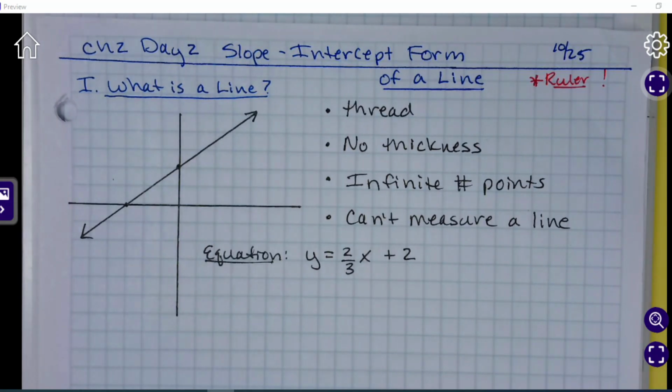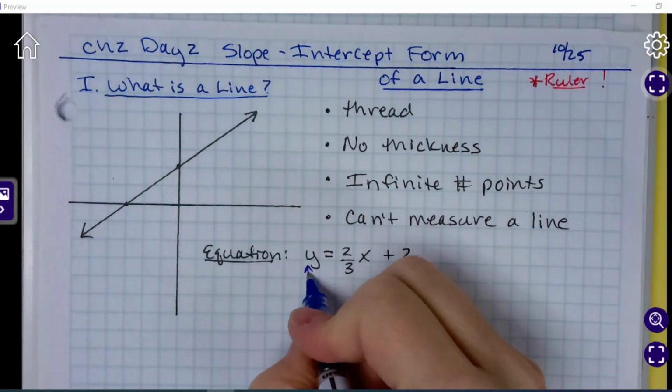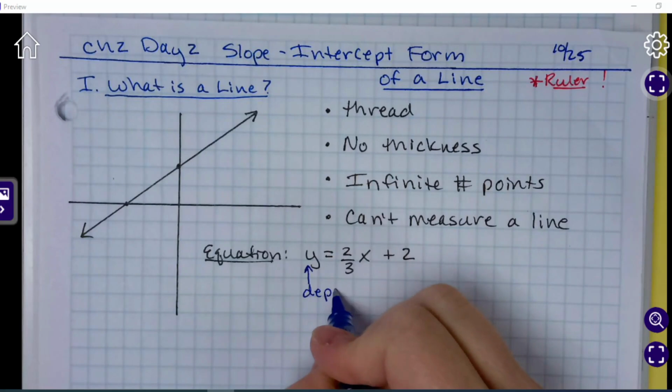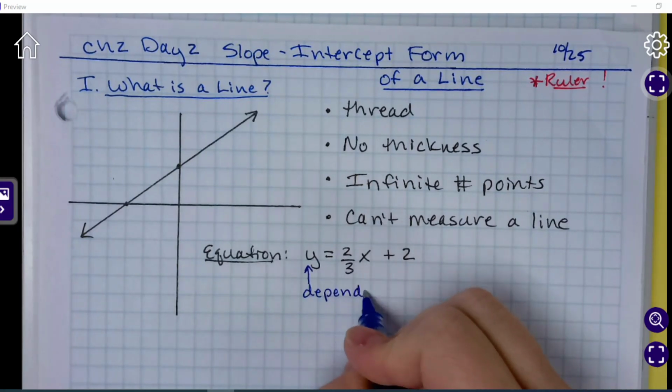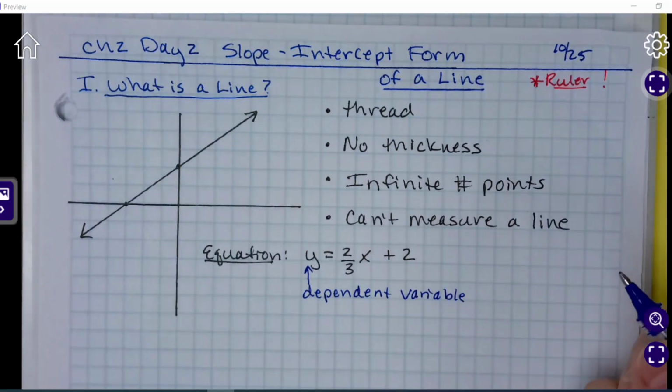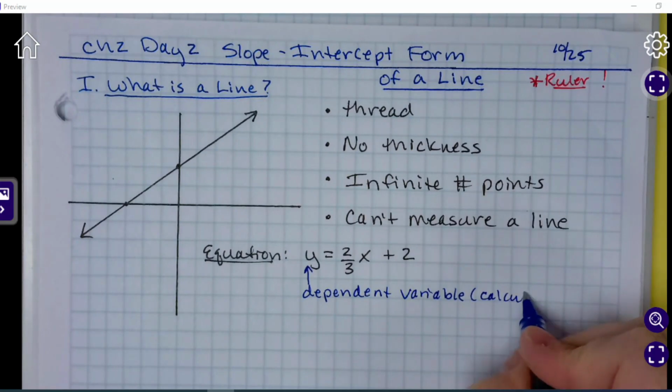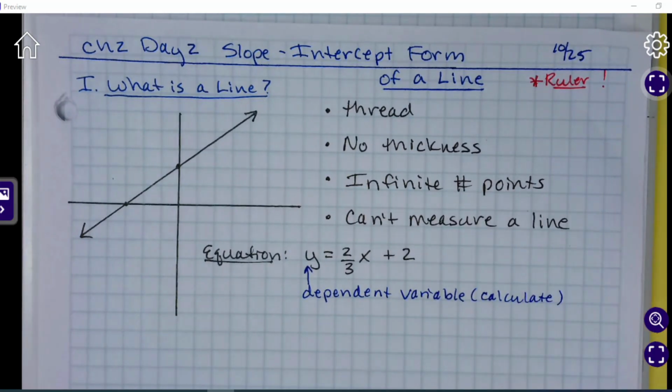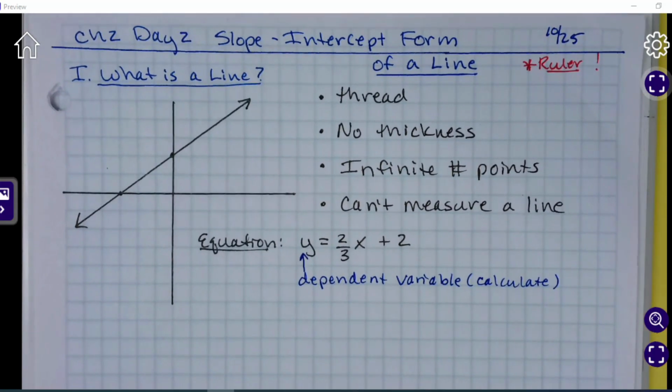One of the special names is that the y variable is called the dependent variable. Dependent because it depends on the x. You have to actually calculate the y. You cannot just pick a y. You have to actually calculate it from the x. So it depends on the x, thus the name dependent.